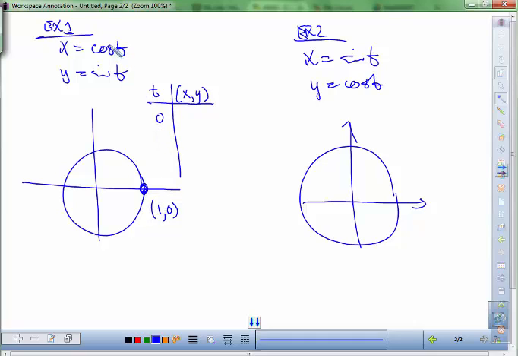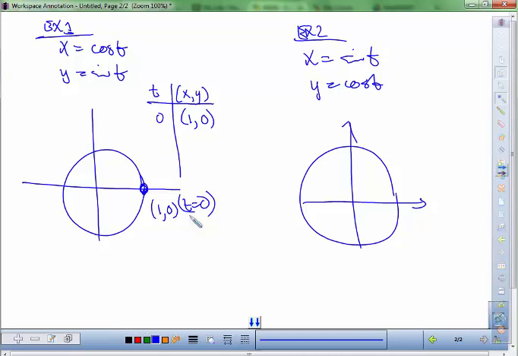When t is equal to 0, cosine of 0 is 1 and sine of 0 is 0. So we have that starting point. Usually we just say t is equal to 0 as a starting point if you know exactly where this point is. Otherwise, you'd actually put the point down.